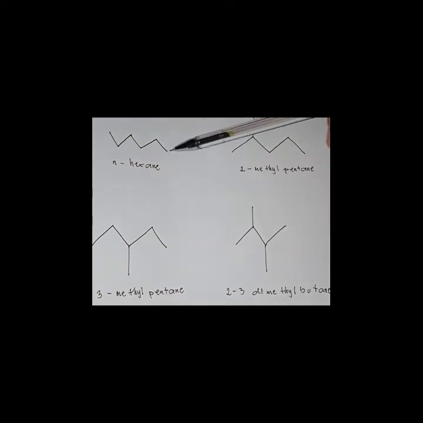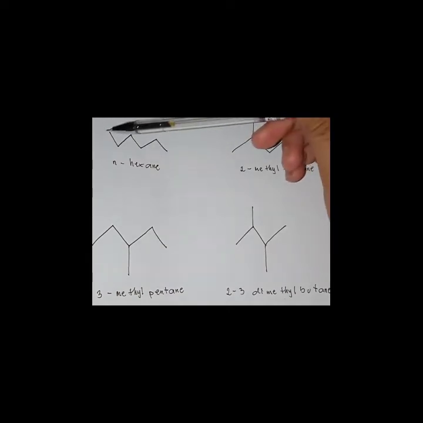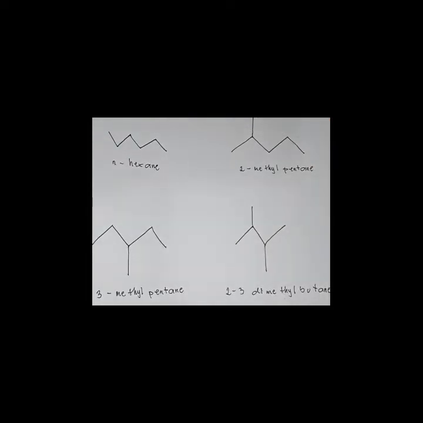It is hexane because it has 1, 2, 3, 4, 5, and 6 carbons. For the second structure, it is called pentane because if we count 1, 2, 3, 4, and 5, it has 5 carbon atoms, so it is pentane.